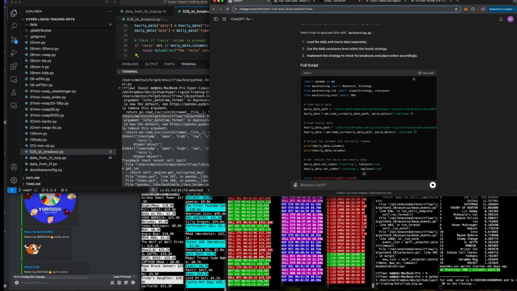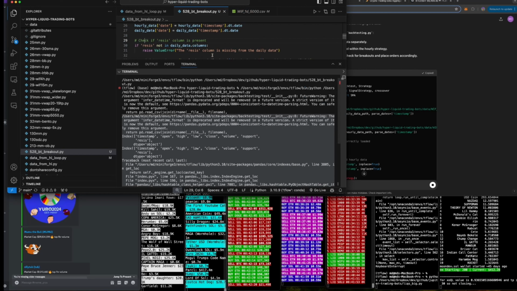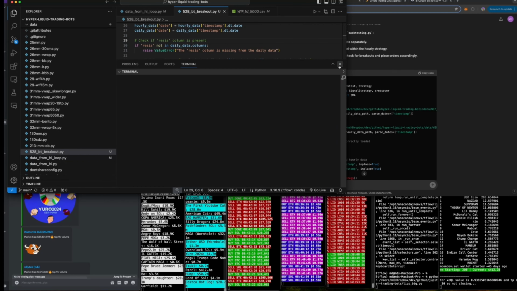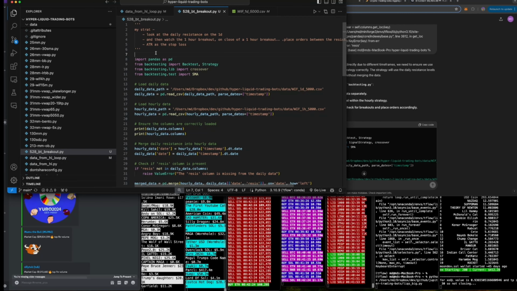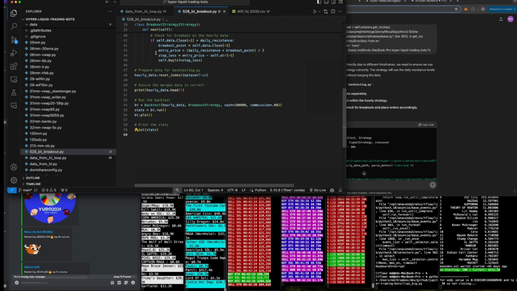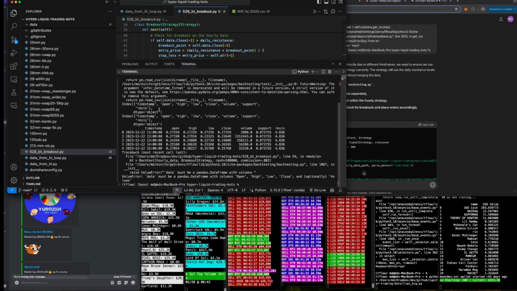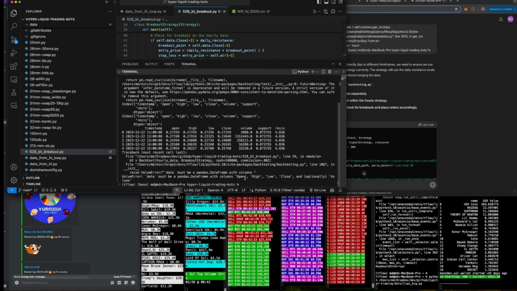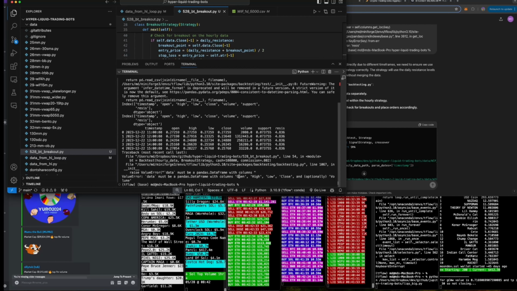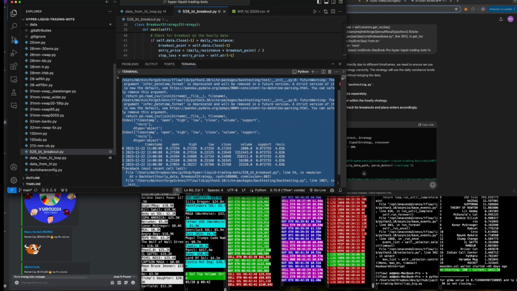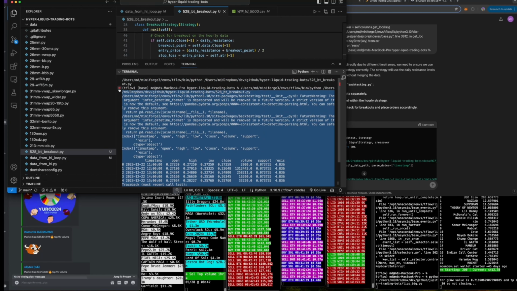There it is. Okay, great. So it looks like we got a little bit further. Open, high, low, close, resistance, pandas data frame. Data must be pandas with open, high, low, close, volume. Okay, so it got closer here.